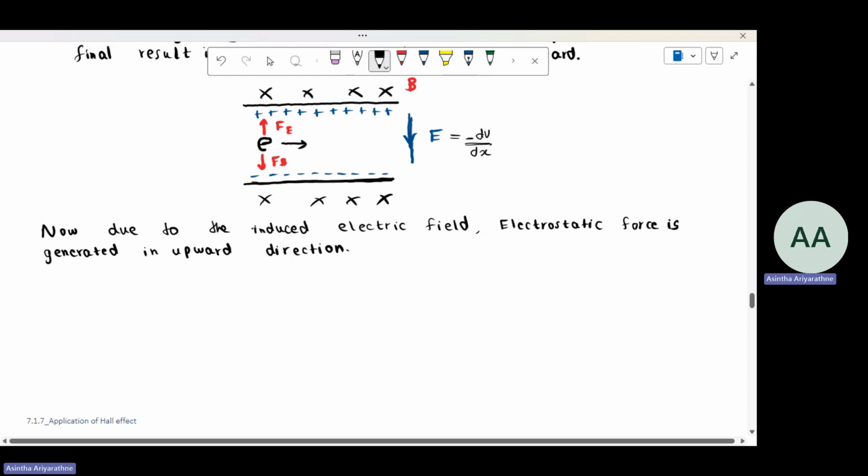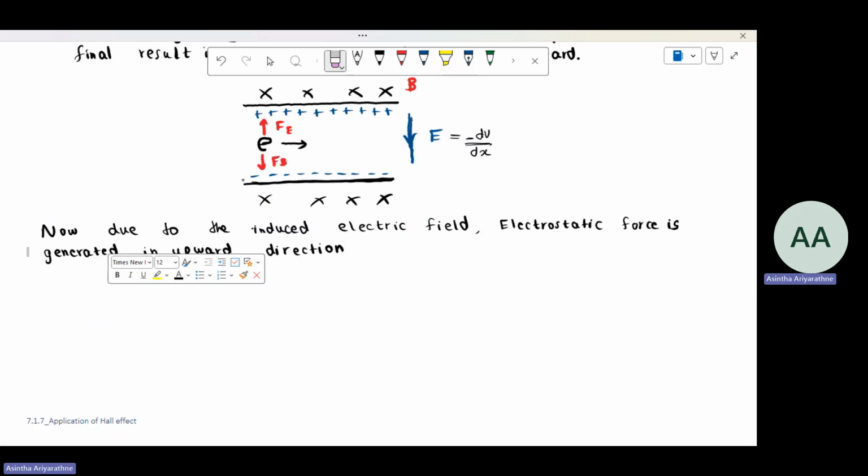But initially it is weak, because initially the number of electrons on the bottom layer is low. The potential difference is low, the electric field is low, then the electrostatic force is low.